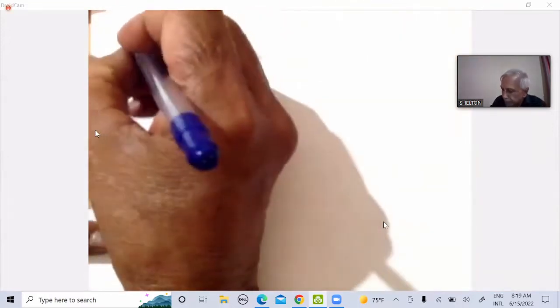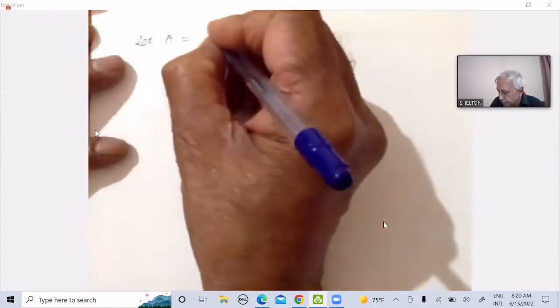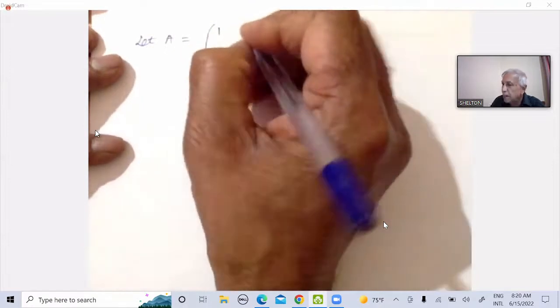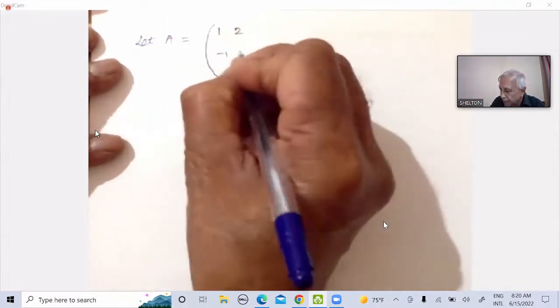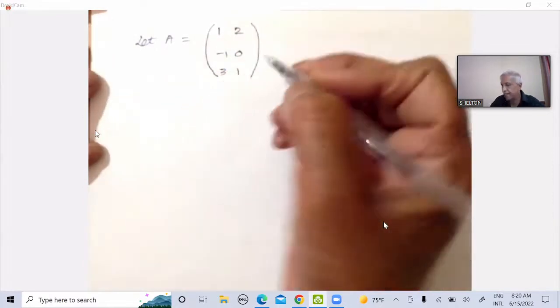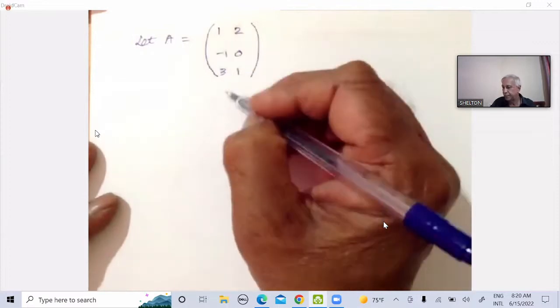But let capital A be, say, 1, 2, minus 1, 0, 3, 1. Let A be that. So this is a 3 by 2 matrix.